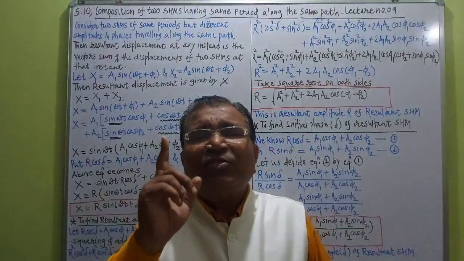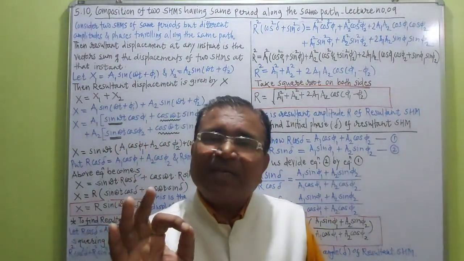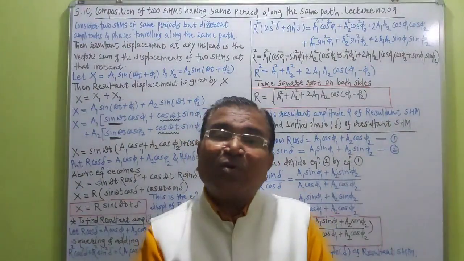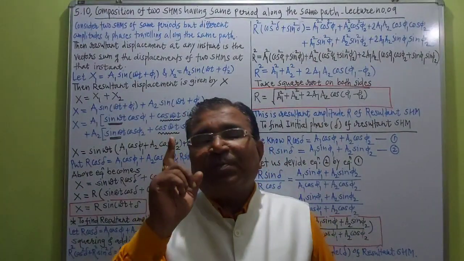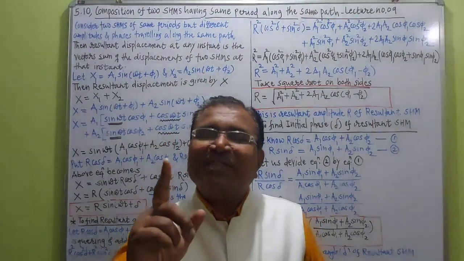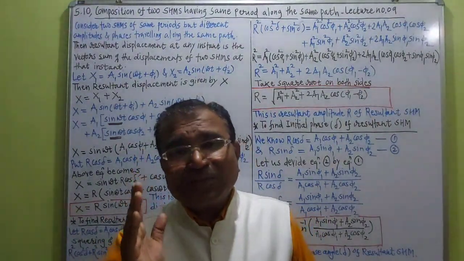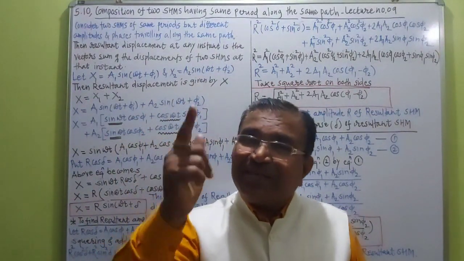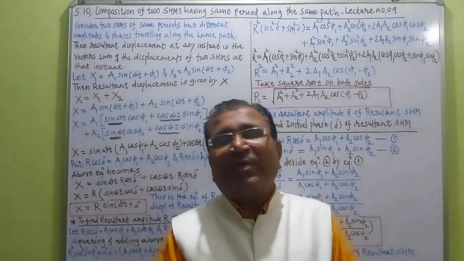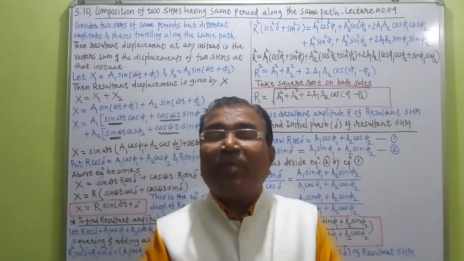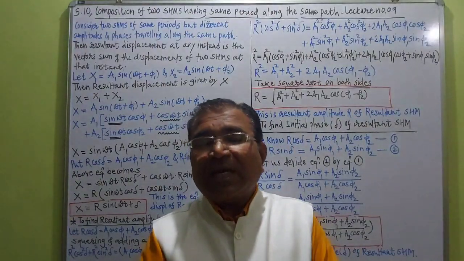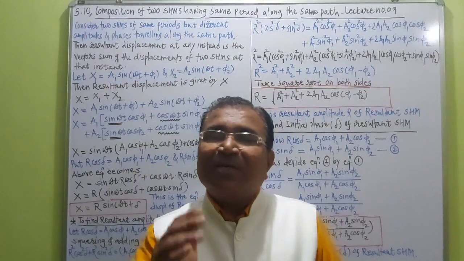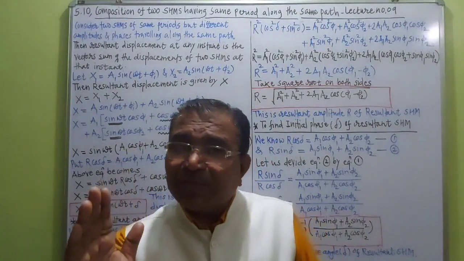In short, we can say that the composition of two SHMs is based upon the principle of superposition of two waves. And so I have taken two equations: x1 is equal to capital A1 sin(omega t plus phi 1), and x2 is equal to capital A2 sin(omega t plus phi 2).